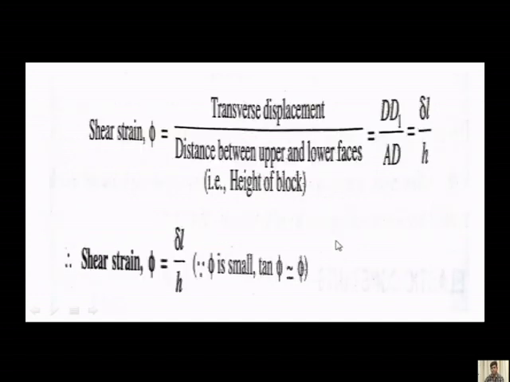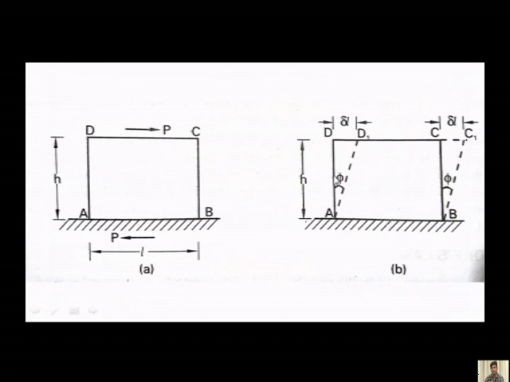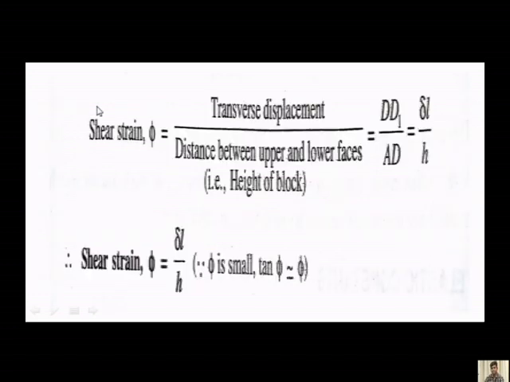The original length, AD. So delta L divided by h. What is AD? AD is h. So observe carefully, shear strain phi is equal to delta L divided by h. Phi is small, since tan phi is very small, we consider only the phi value.